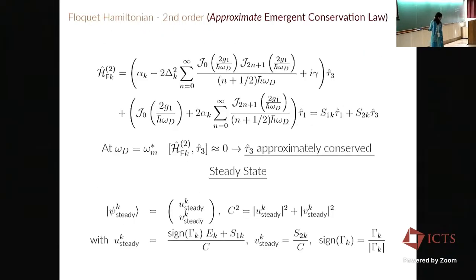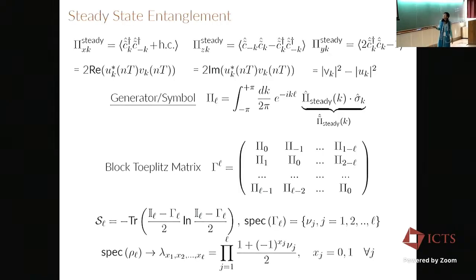So this is the calculation of the entanglement entropy. You have now a two-level system for each momentum mode. You can calculate the different correlation functions here. Due to the Gaussianity of the state, you will have these three correlation functions. And by these correlation functions, you can construct a 2x2 correlation matrix in momentum space. By doing this Fourier transform, you can generate a block Toeplitz matrix, where each diagonal is the same, but it is now a matrix symbol.